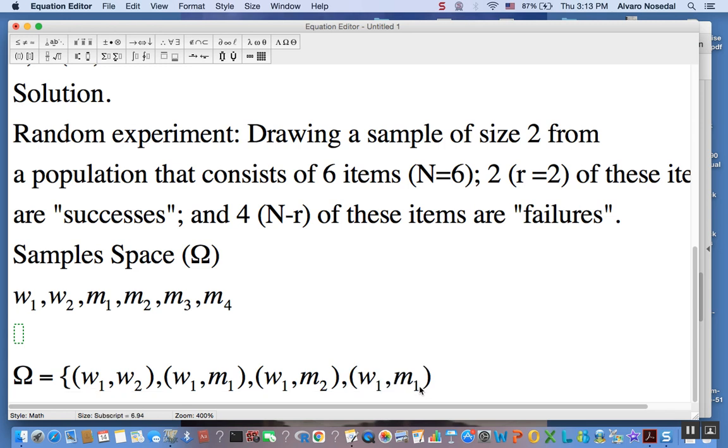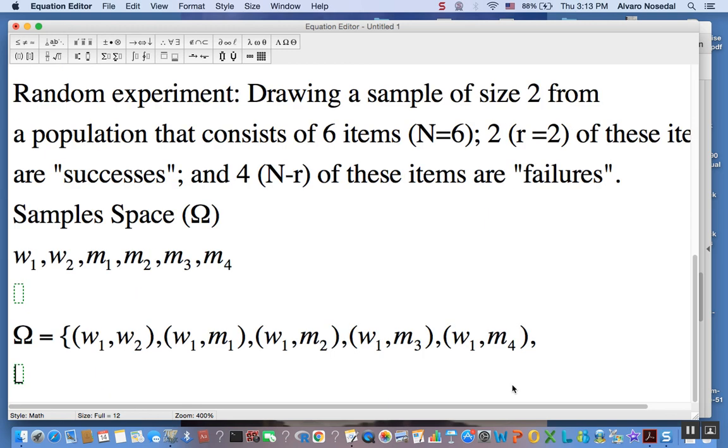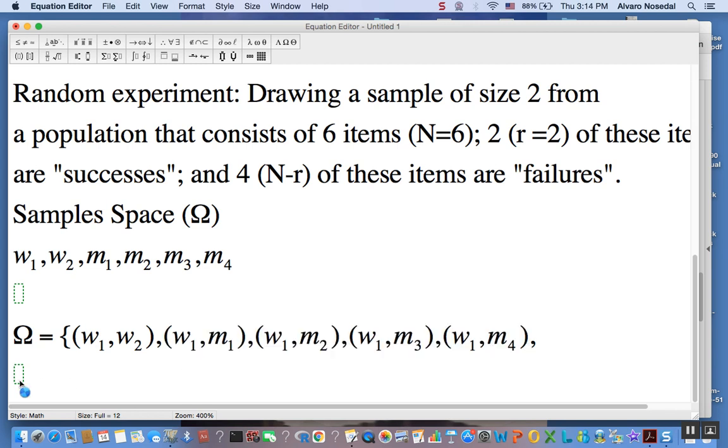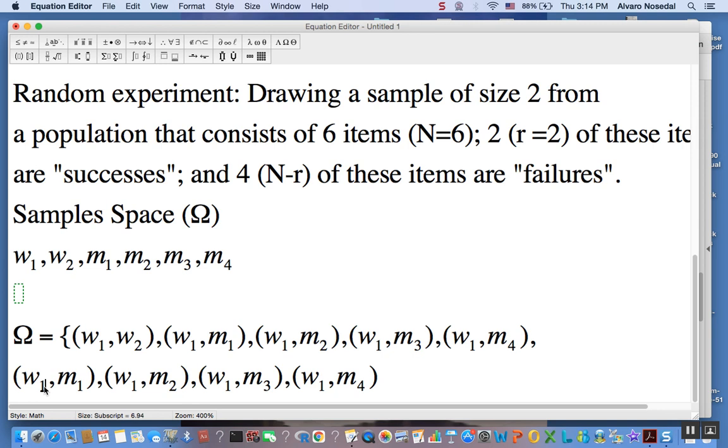Woman number 1, man number 3, and woman number 1 and man number 4. We could also have something similar to what we have here, but instead of the first woman being selected, we could have the second woman instead.